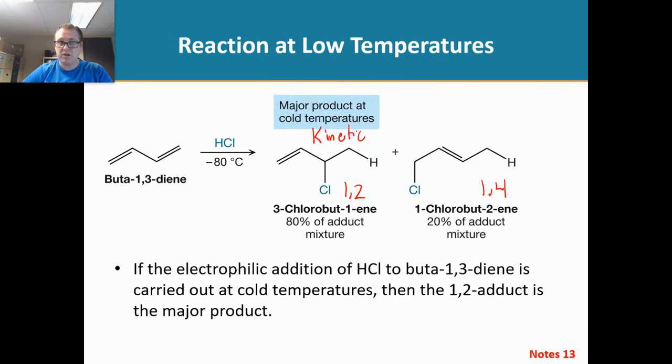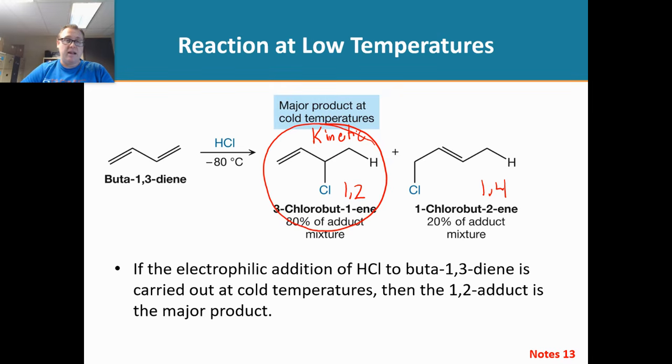At cold temperatures, the reaction is dictated by kinetic control. And kinetics is how fast a reaction occurs. So at a cold temperature, this guy is going to form faster. Okay.